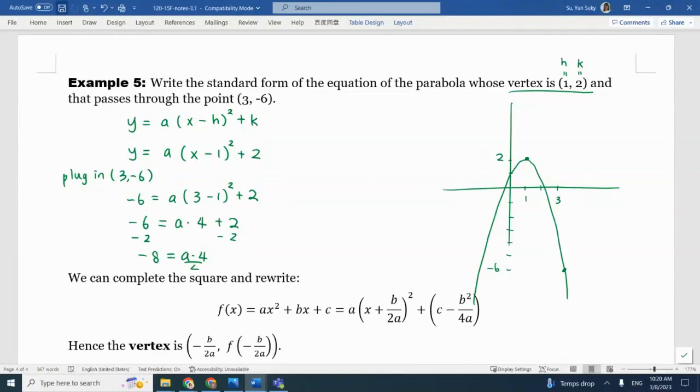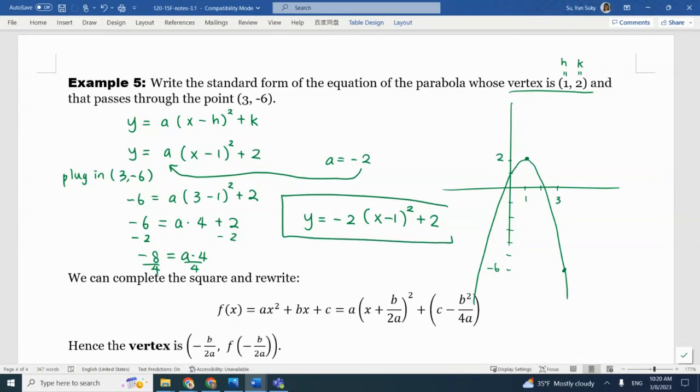Divide by 4. And what is -8 divided by 4? Yes. Good. Now we plug this back here. We get y equals -2 times (x minus 1) squared plus 2. So this is the standard form of the parabola.